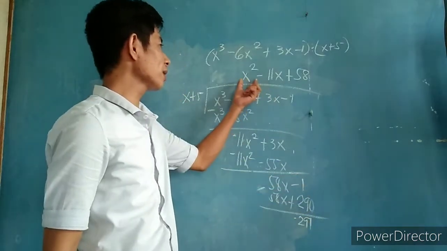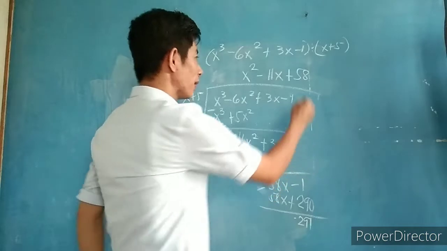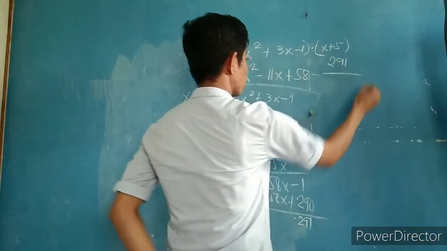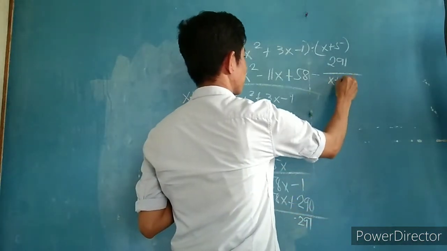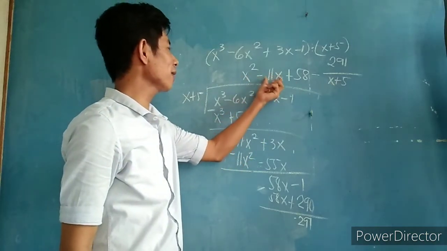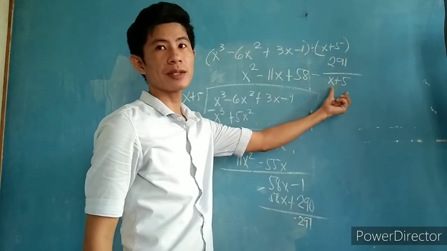So the quotient is x squared minus 11x plus 58, remainder negative 291 divided by the divisor, which is x plus 5. So that is the answer: x squared minus 11x plus 58 minus 291 over x plus 5.